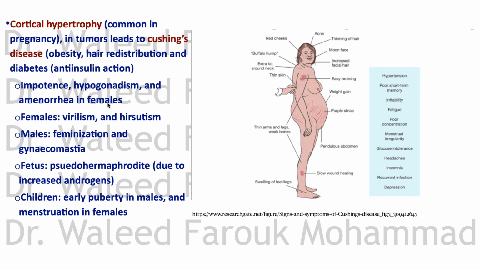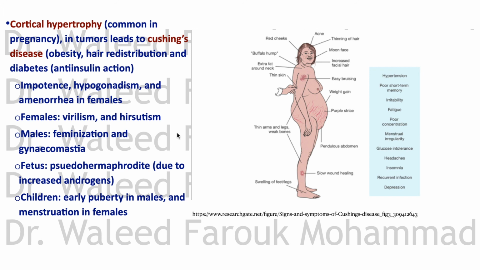They don't get the regular menstrual cycle. In females, there's the opposite: there's virilism and hirsutism. In males, there's feminization. You detect that by looking at the pubic hair, for example.